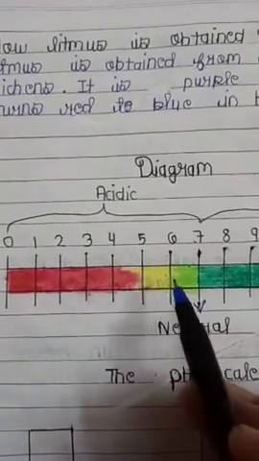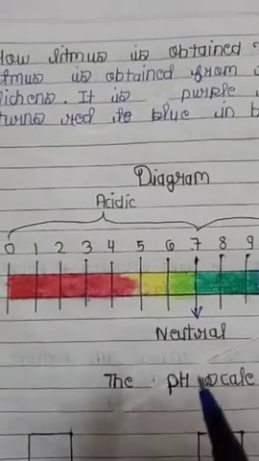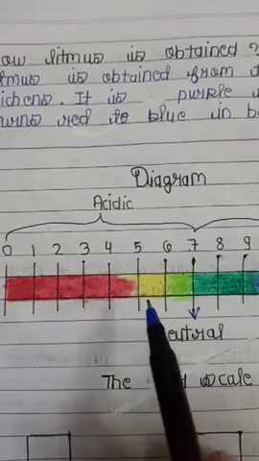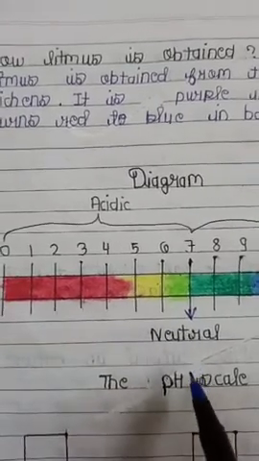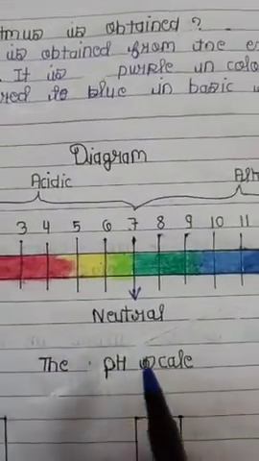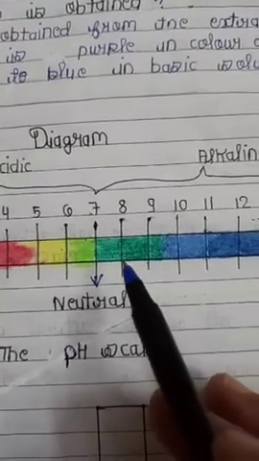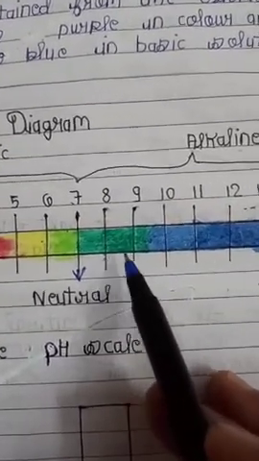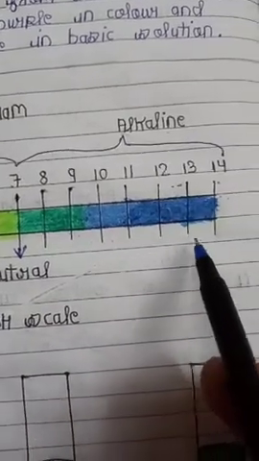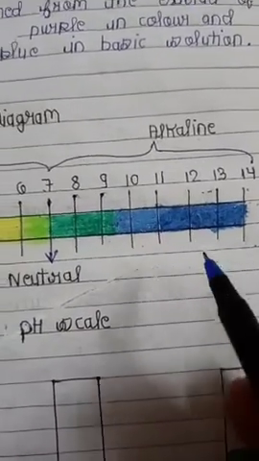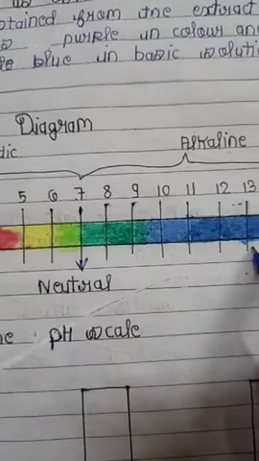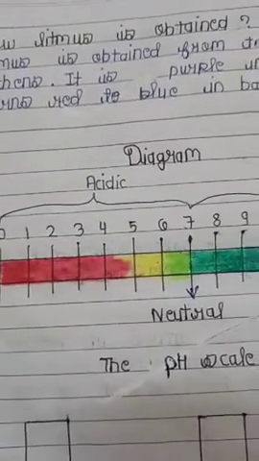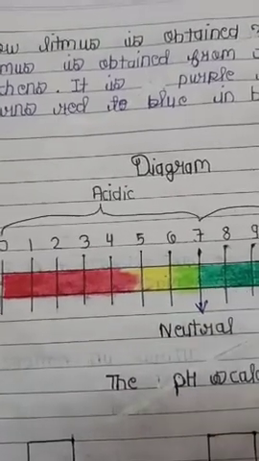So if the pH value is 1, 2, 3, 4, 5, 6, then these are acids. And if any substance shows a pH value of 8, 9, 10, 11, 12, 13 or 14, that means they are bases. Understand? So children, draw this diagram and color it accordingly.